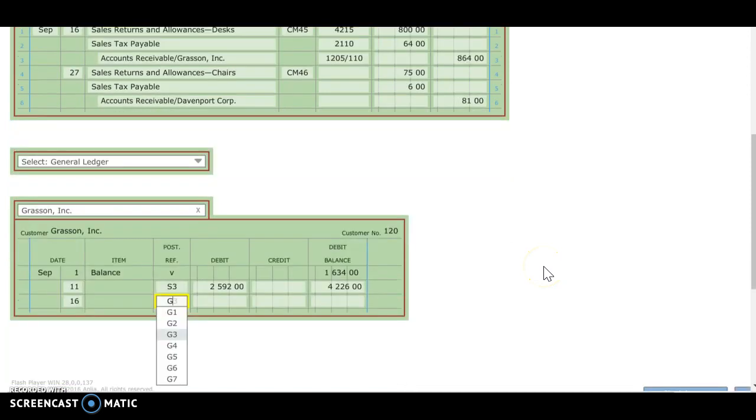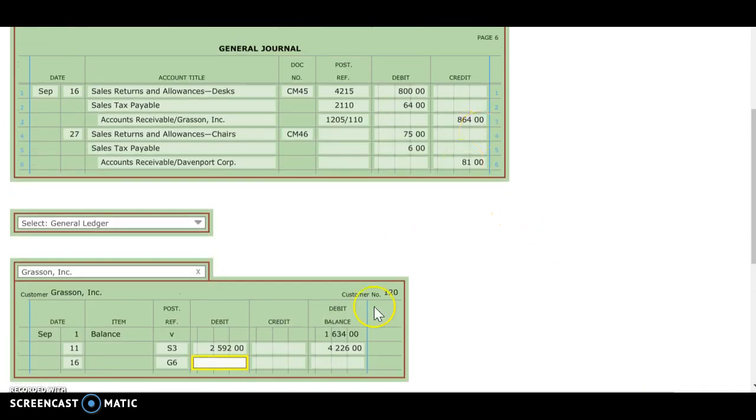And I have a credit of $864. Notice it has a debit balance, and I am crediting that account, so I do need to subtract. My new balance then is going to be $3,362. And then account 120 needs to be in here, so I'm going to change that to 120.